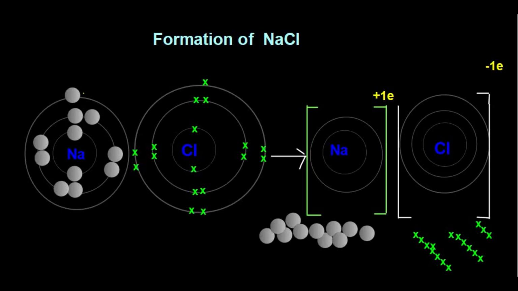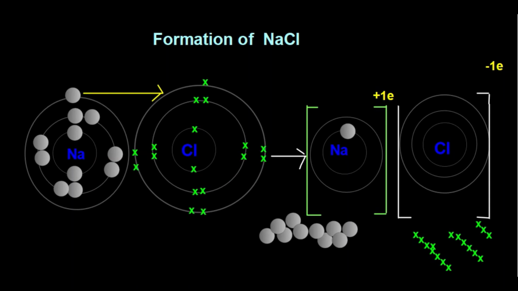Now sodium will lose its 1 electron which is present in its valence shell, and this electron is shifted to chlorine. Then chlorine, after taking this electron, changes to the chloride ion. Now we will see the electronic configuration of sodium after the loss of this electron.